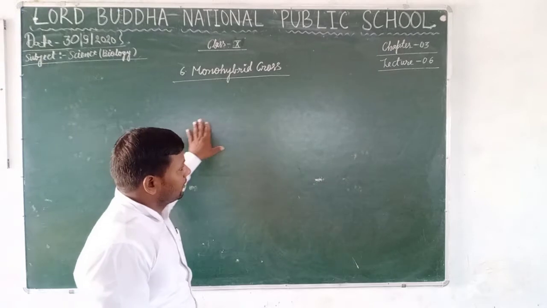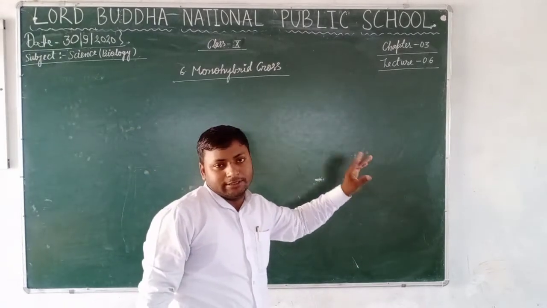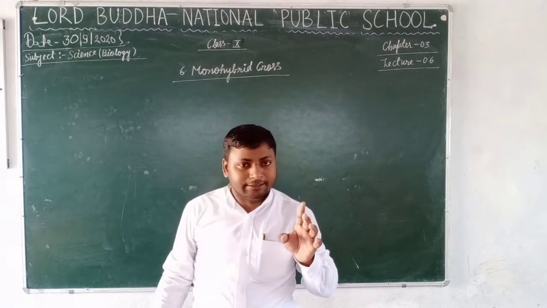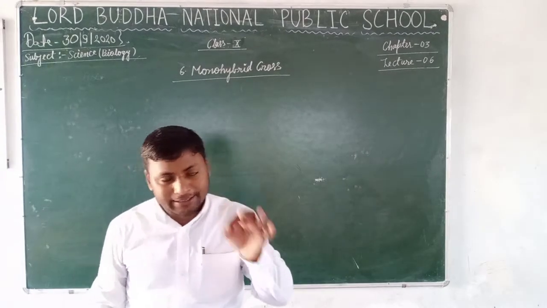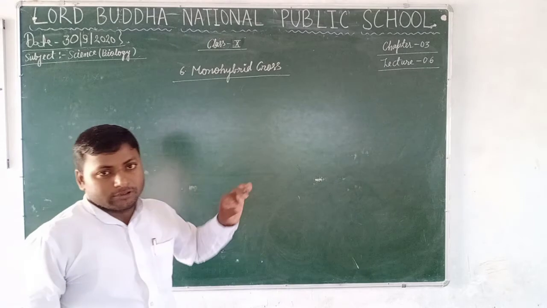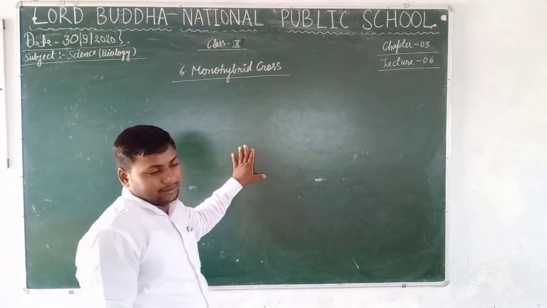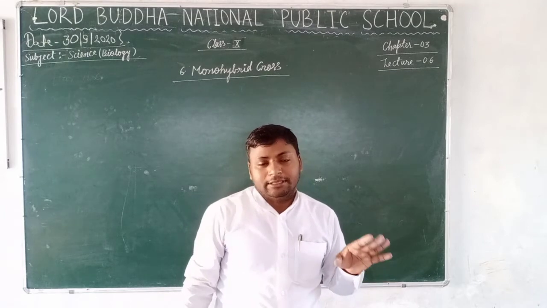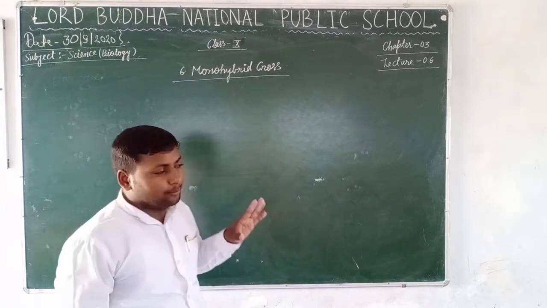When only one of the contrasting characteristics is considered during cross hybridization, such a cross is known as a monohybrid cross.